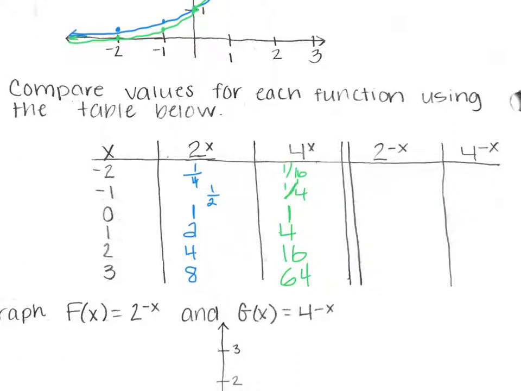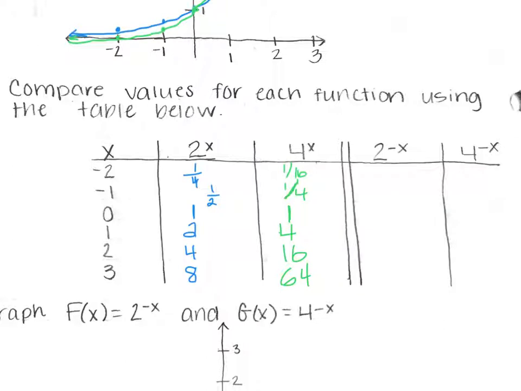Let's take a look here. We're going to graph now 2 to the negative x and 4 to the negative x. And we're going to graph these on a function below, but let's fill in the table for them first. Switch my colors here. So we have 2 to the negative x.